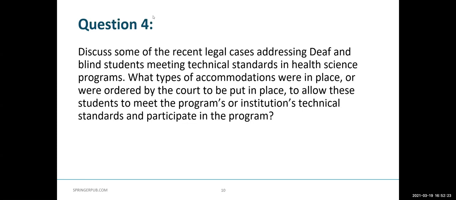And once the case has been won and the interpreter has been put on site, it has been successful in all the cases that I have seen. The usual concerns are patient safety and clinical timing, but once they place the interpreter and the deaf student there on site, they quickly see that those concerns are really not valid. And so in most cases, those have been very successful.